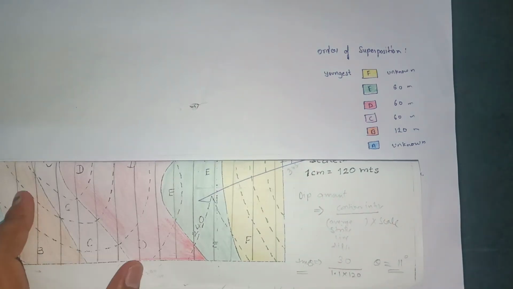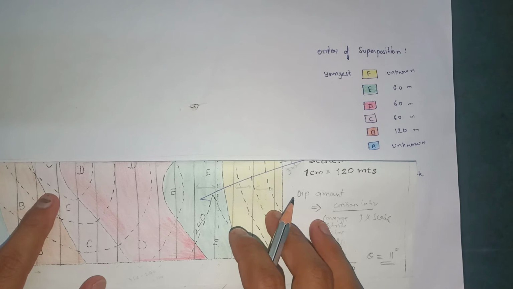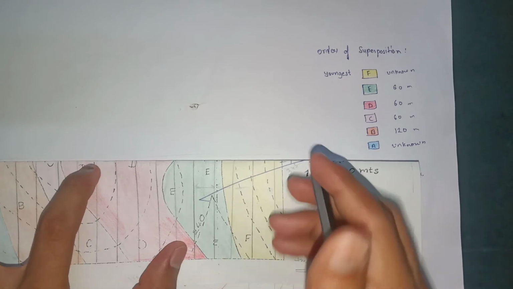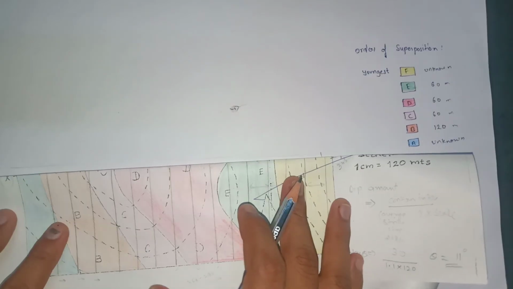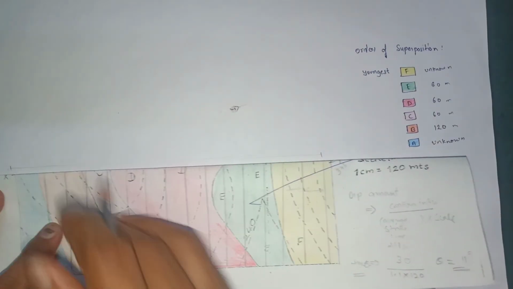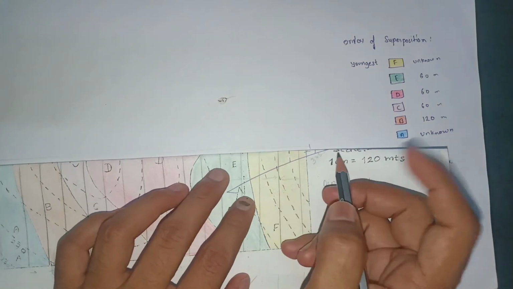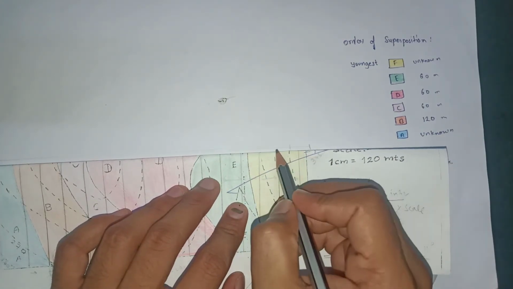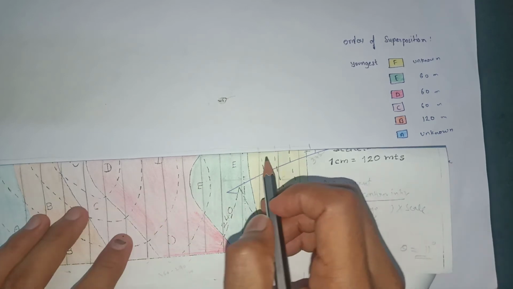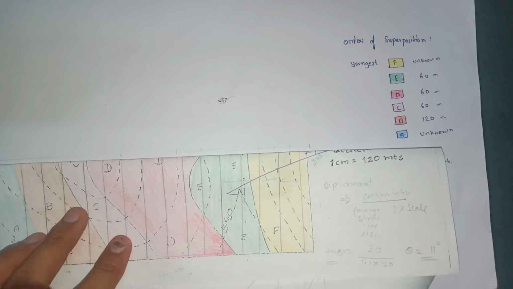Okay, then what we have to do is mark this line Y, this is X, and then mark the contour values, only contour values, not contact lines. This is a contour value, this is a contour value, like this way.